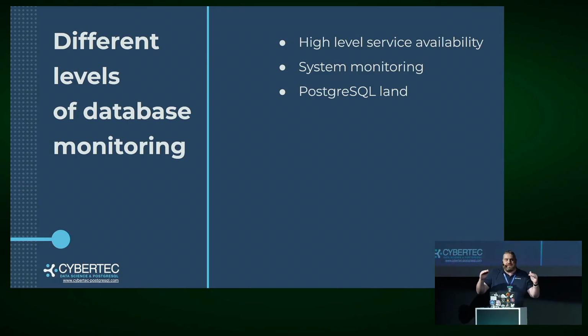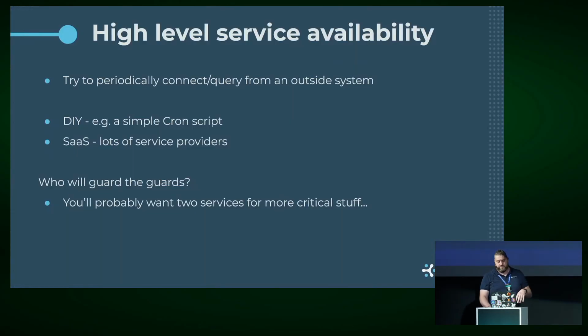If we try to understand the different ways to monitor the database, I would say we can split it into levels. The high level, then we want to see what's going on in our system, operating system or cloud or whatever, and then we want to know details inside our database. For high-level service availability, I mean, it's silly, right? Who wants this?